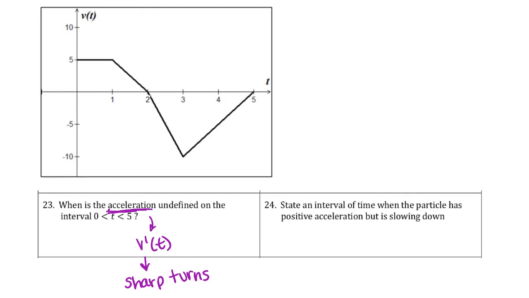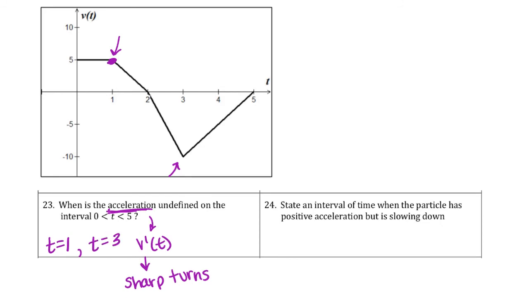Where would we not be defined? So it looks like we have a sharp edge here at 1, and we also have another sharp edge at 3. So here, where is acceleration undefined? It's going to be undefined when t equals 1 and when t equals 3.